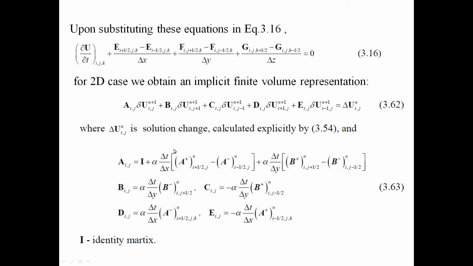And other matrices are calculated by the following formulas. Big A_ij is equal to identity matrix I plus alpha delta t over delta x multiplied by this difference: A plus at the point i plus 1/2 minus A minus at the cell point i minus 1/2, plus I delta t over delta y, B plus on the cell j plus 1/2 minus B minus at i, j minus 1/2.